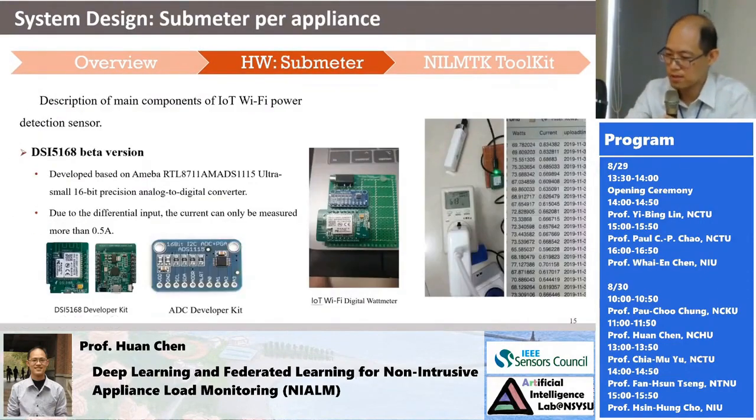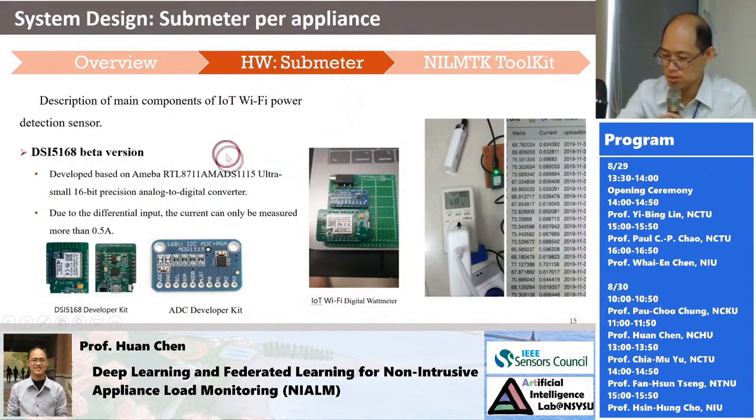The second part of the hardware is called the submeter. This is installed on every appliance. It's only for benchmark or ground truth purposes, so that you can compare the result disaggregated from the main power with the result from the submeter you measured. So you can have the ground truth.